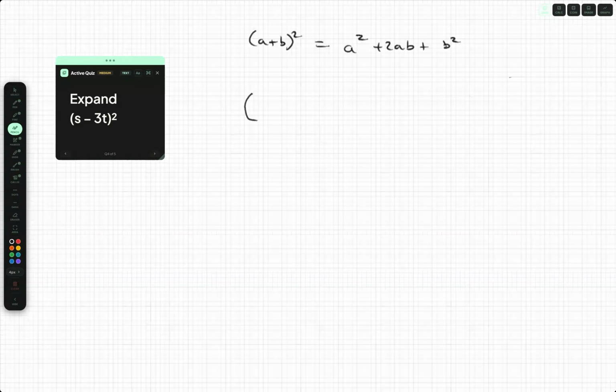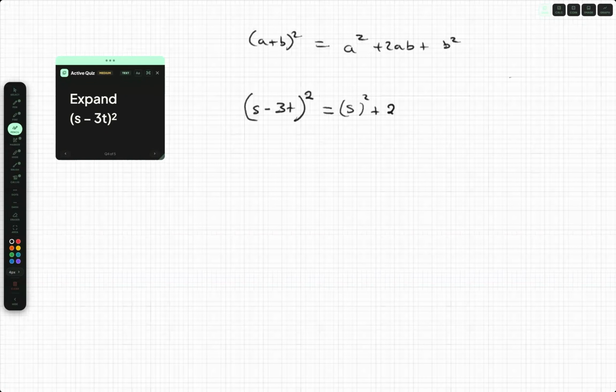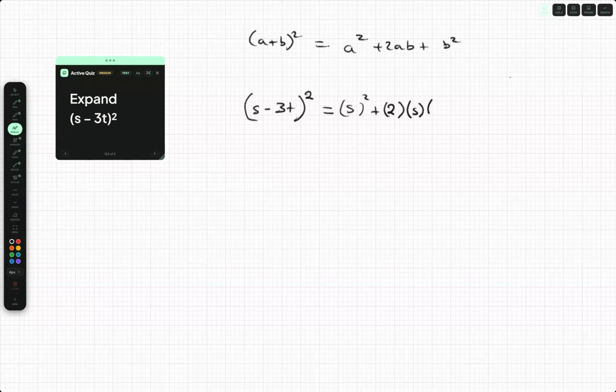All right, next one. s minus 3t squared. Okay, so we're going to have s squared plus 2 times s times negative 3t plus negative 3t is going to be squared.